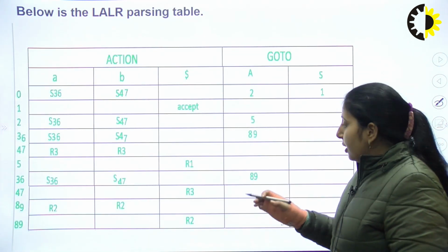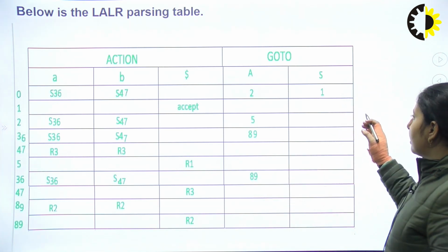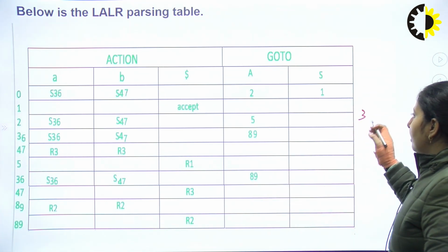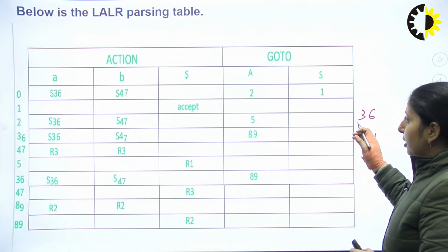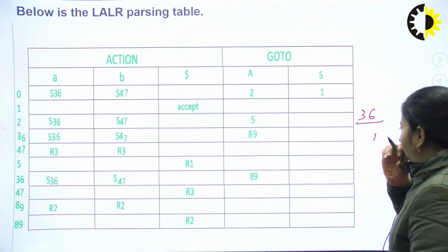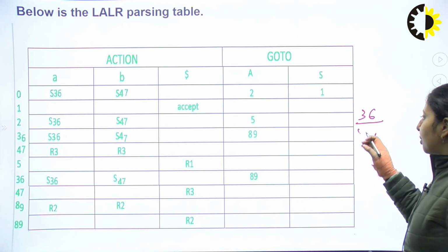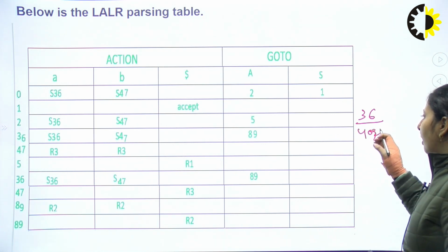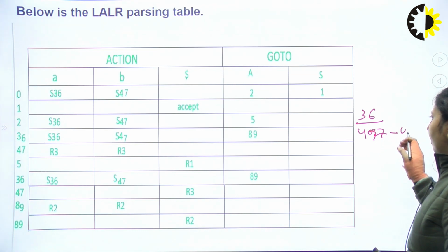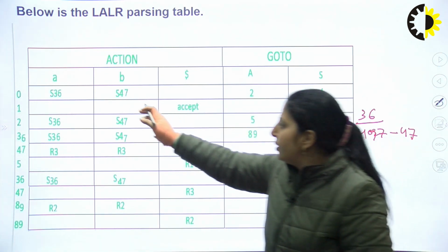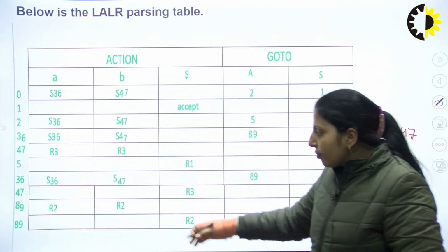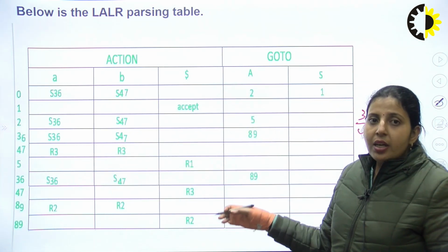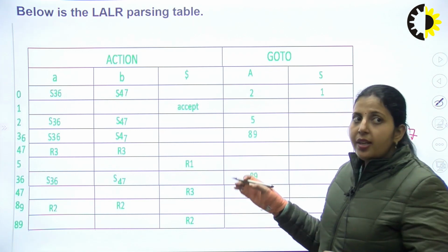We have replaced all the states that contain 3 or 6 with S36, and the states that contain 4 or 7 with S47. In the same way, we have reduced the table.